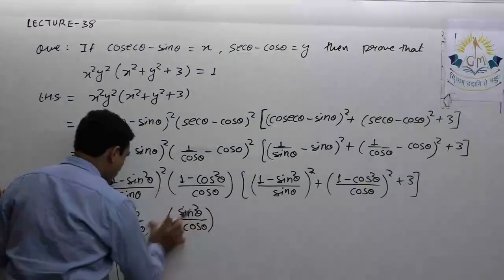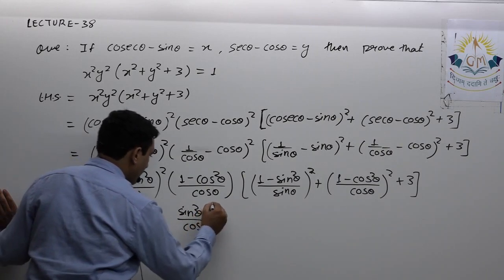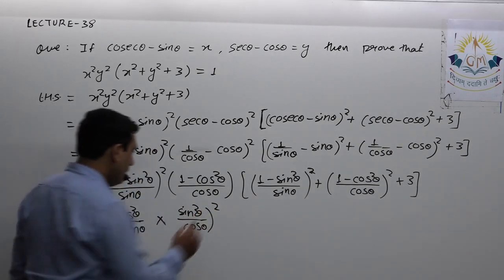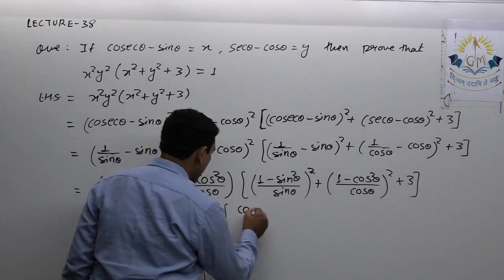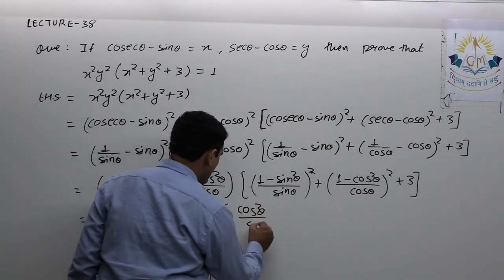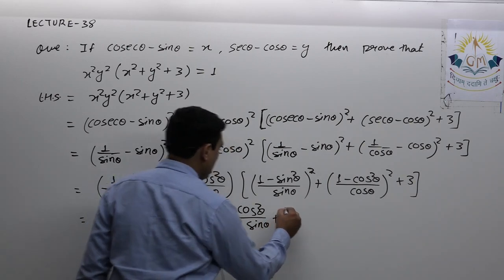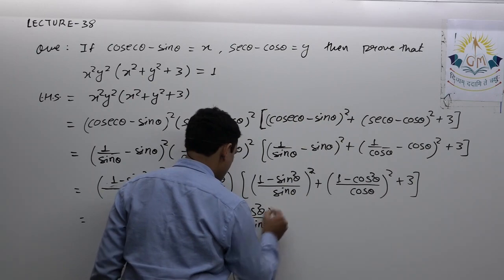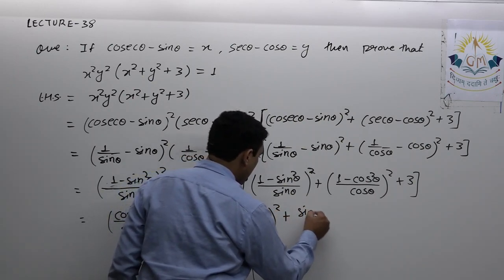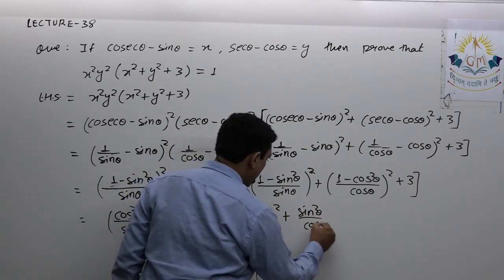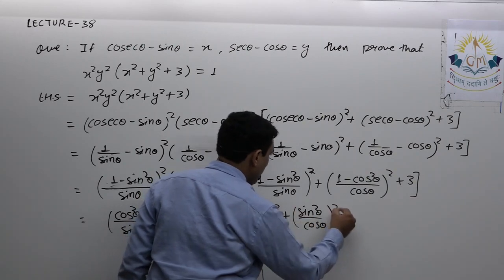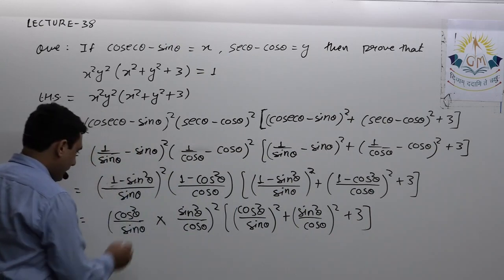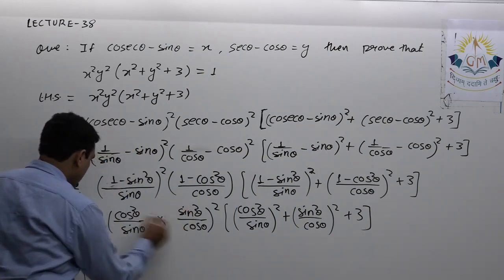I am doing one thing more, as they are in complete square, so I am writing in this way. Over here cos square theta upon sine theta, plus sin square theta on cos theta whole square plus 3. Now here I can cancel this sin with this sin, this cos with this cos.